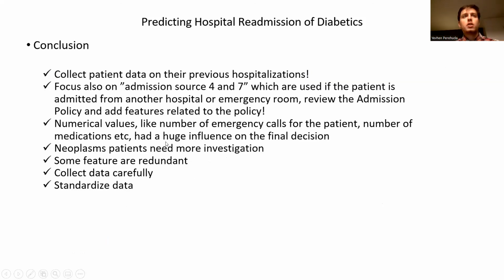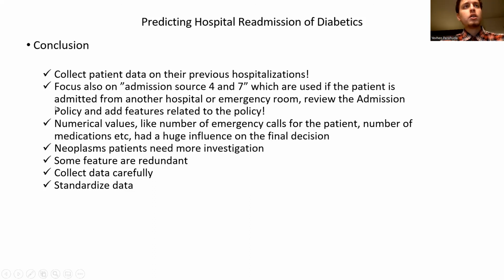So we can make a conclusion. Firstly, collect patient data on previous hospitalization. We saw that one of the most important features was the number of inpatient visits to the hospital. That means that we should track and find information about previous hospitalization because it can have a strong influence on the future health of our patient.